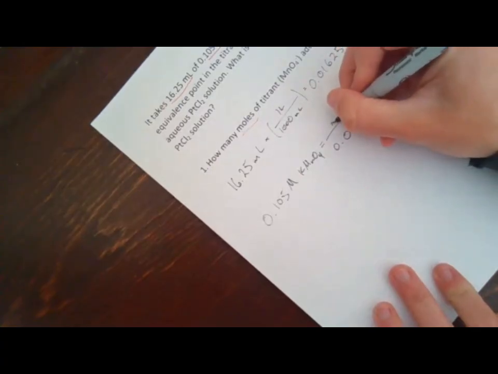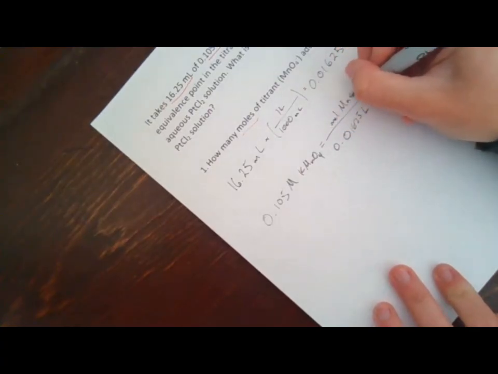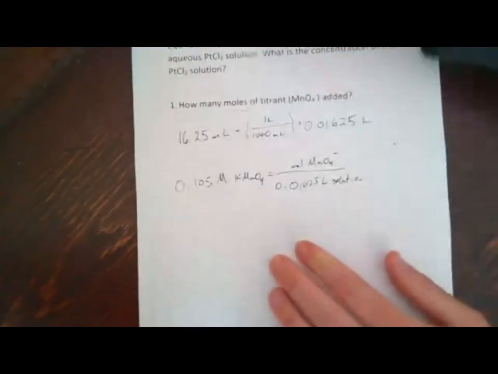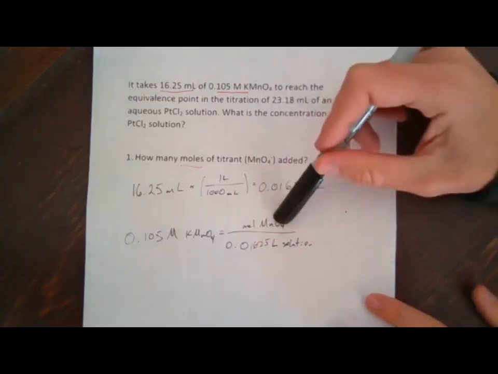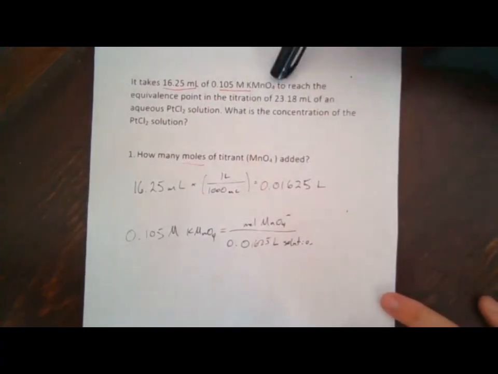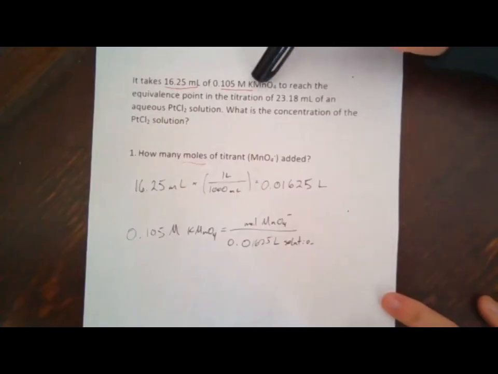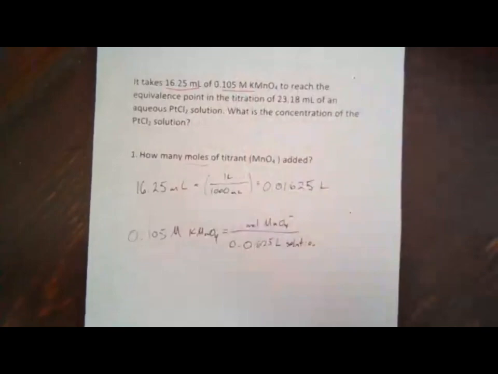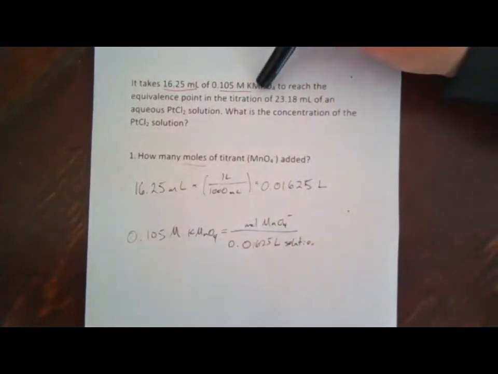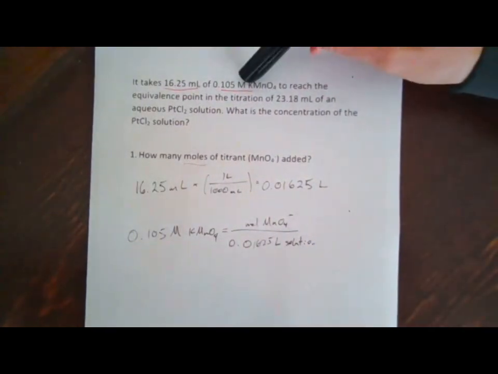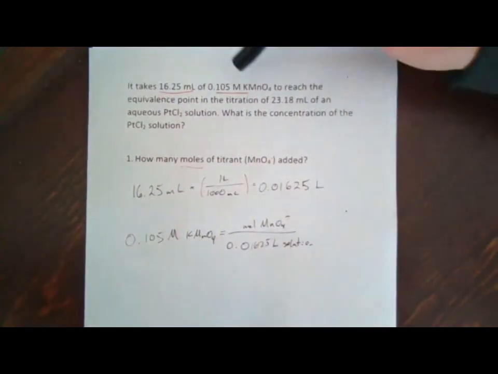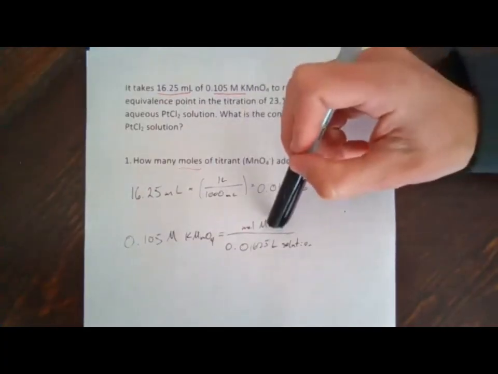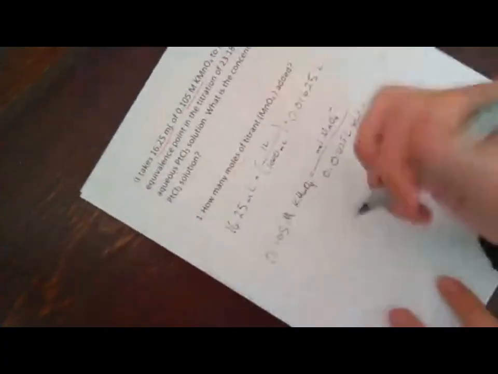And then on top, it's going to be the moles of the MnO4 minus. You will note the name of the solution is KMnO4, but I only have the anion in here because we know this is a soluble salt. And that's the MnO4, the anion in the salt. The anion and the cation separate, and the anion is the one that actually does the chemistry. K+ is just sitting there, spectator, neutral, not doing any redox, not doing any acid base, just nothing at all. So we really care about those moles of MnO4.